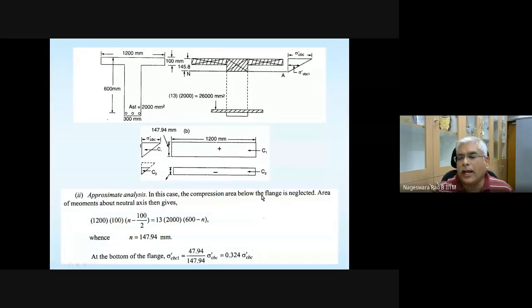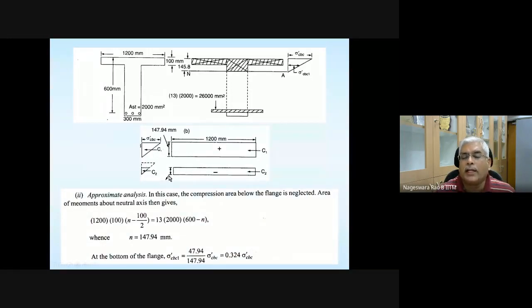If you understood this, and the stress distribution explanation I already gave you, stress is varying from 0 to sigma CBC prime here, and from 0 to sigma CBC1 prime, which is 0.314 sigma CBC prime at this stage.